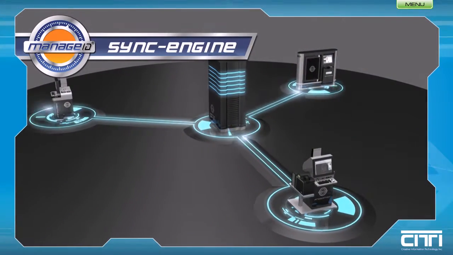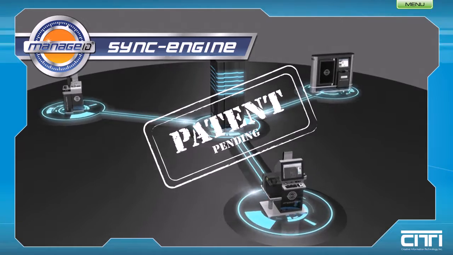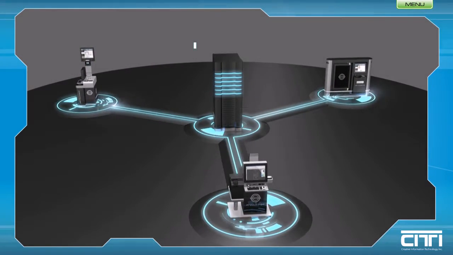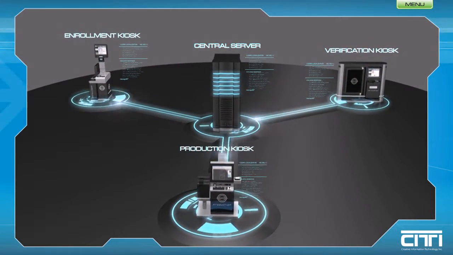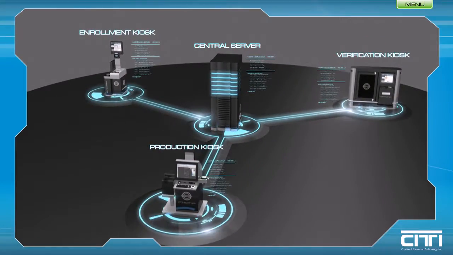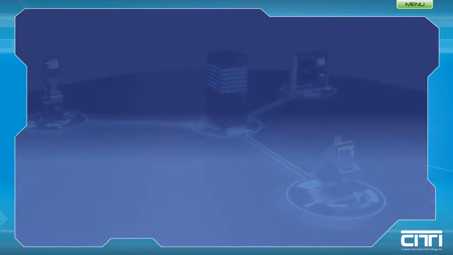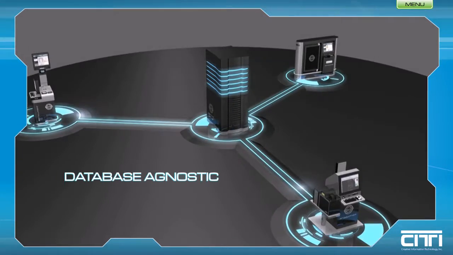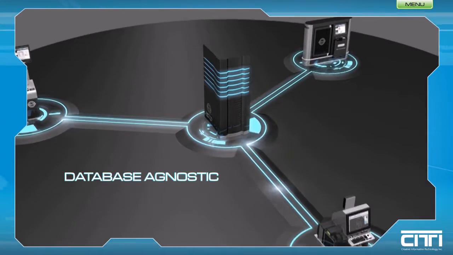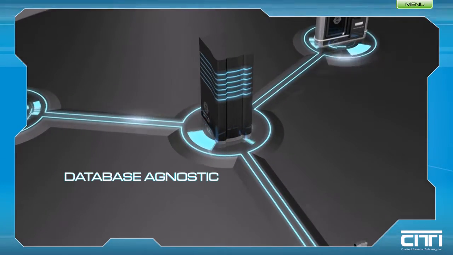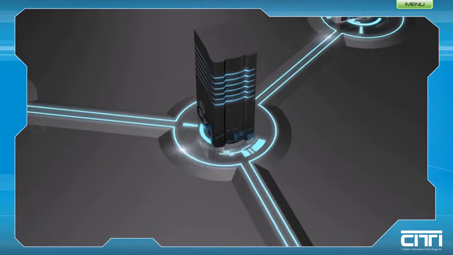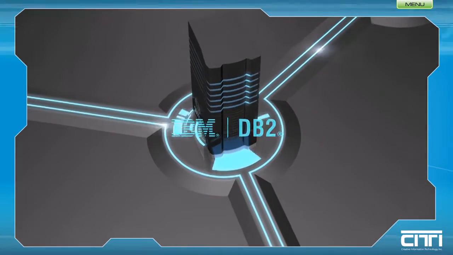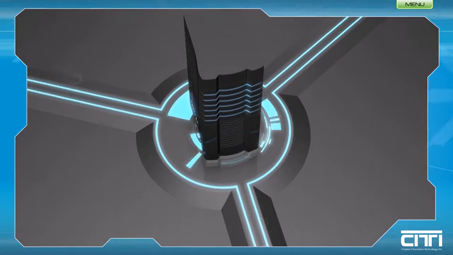ManageID Sync Engine is a patent-pending technology that orchestrates data sync between the central server and multiple nodes across various locations of the ManageID ecosystem. ManageID Sync Engine is database agnostic. It is compatible with all popular database management systems, such as Oracle, MySQL, DB2 and MS SQL, to name a few.